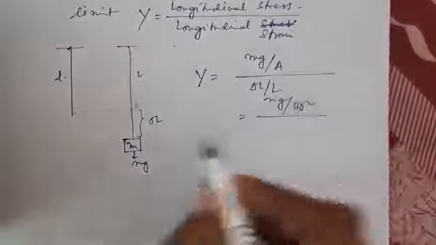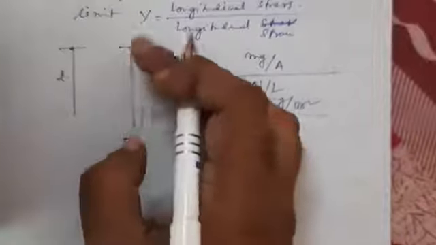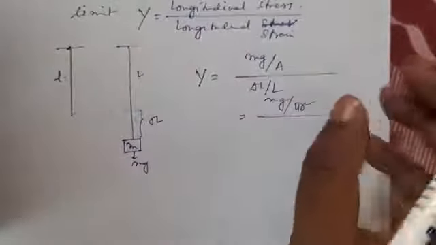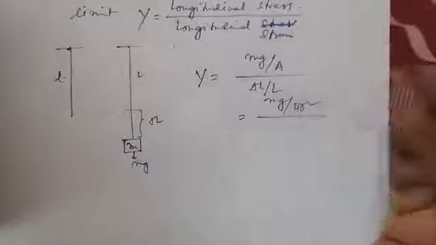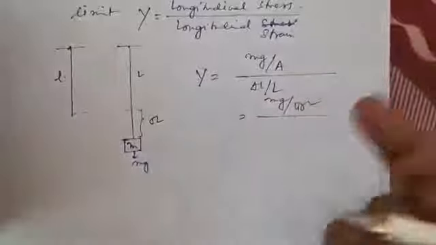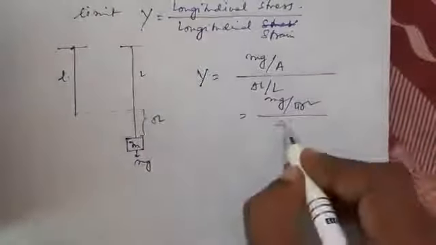Pi r square. This is a steel wire, and steel wires or rods are circular in shape, so the cross section is a circle, and the area of that is pi r square.